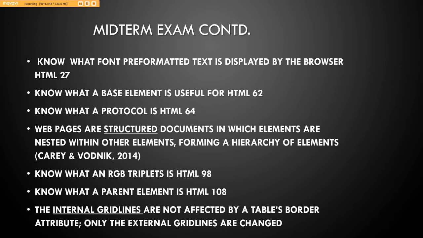Know what a base element is useful for, page 62. Know what a protocol is, page 64. Web pages are structured documents in which elements are nested within other elements, forming a hierarchy of elements. Know what an RGB triplet is, page 98. Know what a parent element is, page 108. The internal guidelines are not affected by a table's border attribute. Only the external grid lines are changed.